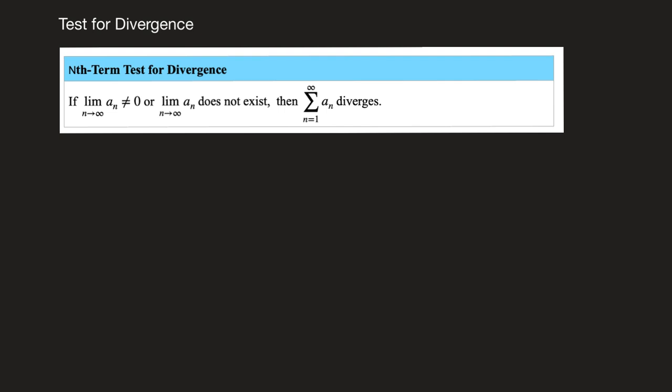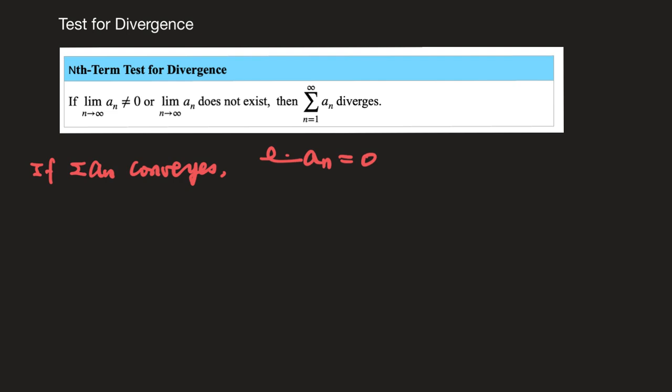What did we talk about in the previous slides? We talked about if the series converges, the limit of a_n is going to be 0. But the nth term test for divergence needs to be applied carefully.